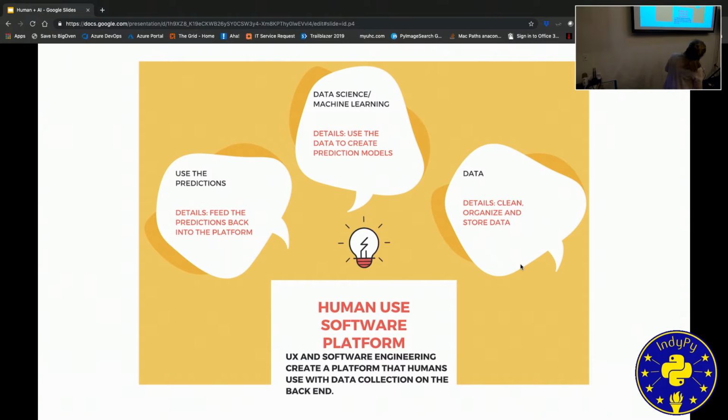Your data science team and machine learning are using data to create prediction models. The prediction models feed the data back into the software platform, and the cycle goes round and round. So the more predictions you have, the better the system gets. You're collecting nice, clean data that's really easy to use, and you've got a few spin-offs.